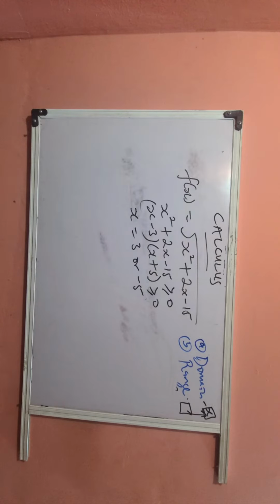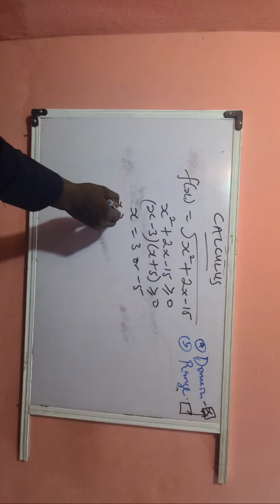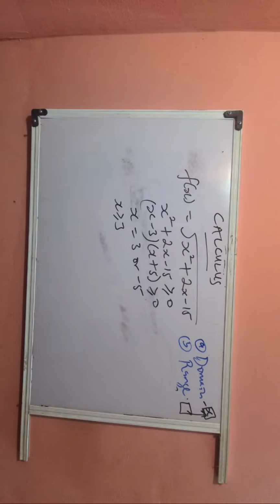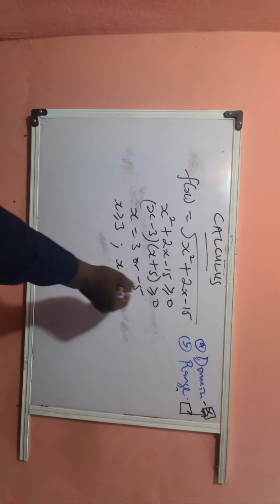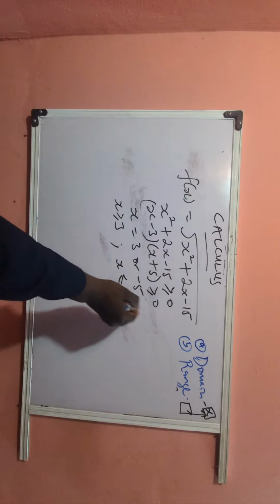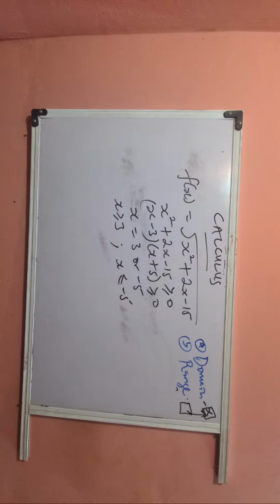Now, how do you get your domain from here? If you look at this, we can do a quick examination. Of course, your x will be greater than or equal to 3, and your x should be less than or equal to minus 5. Now, let me explain to you what we're doing right here.